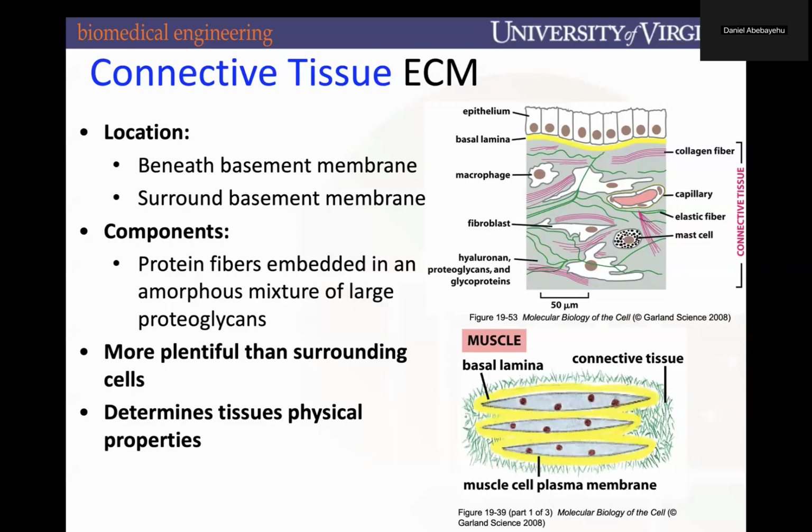For the connective tissue ECM, you have a large amount of protein content with fewer cells interspersed within it. And a key thing to note here is that the connective tissue ECM is going to help determine and define the physical or mechanical properties of a tissue.